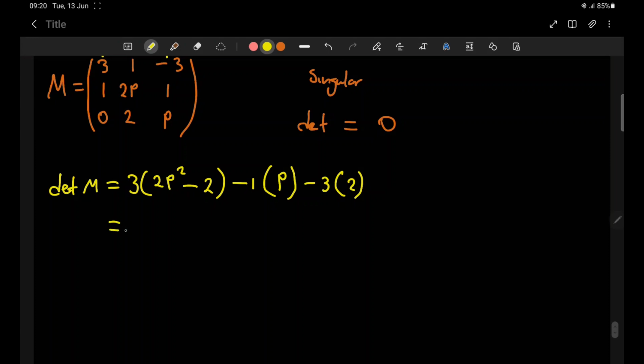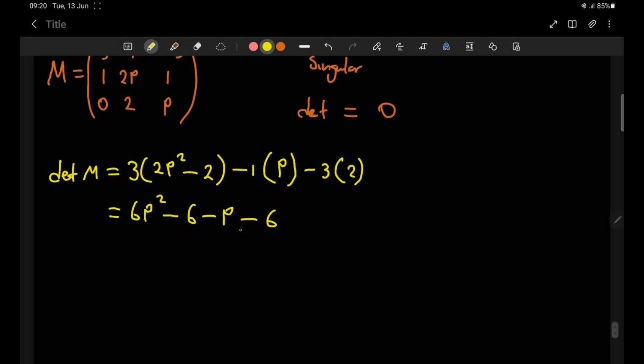Then we simplify this expression. We multiply 3 throughout, we have 6p squared minus 3 by 2, that is 6. The negative 1 by p will be negative p. Then there we'll have negative 6, and negative 6 and negative 6 will give us negative 12.